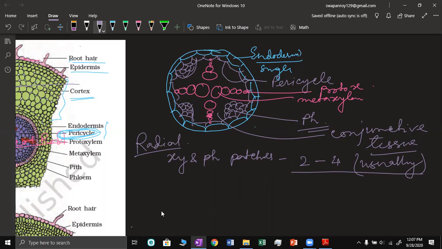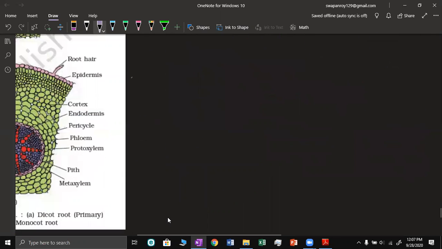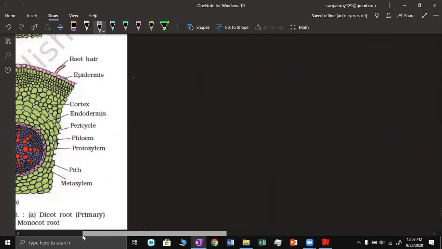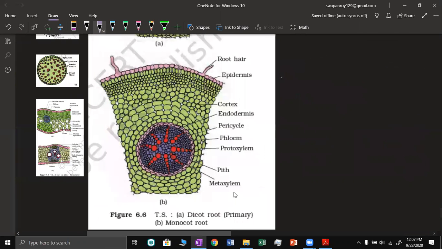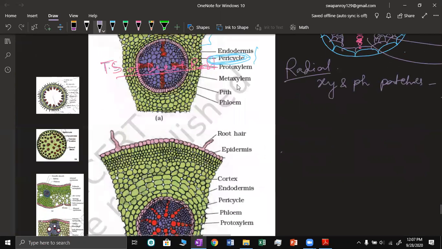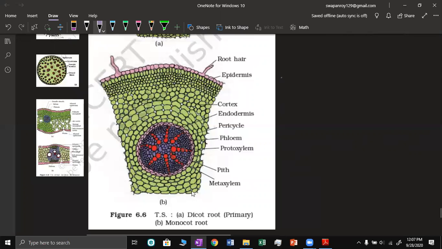In this diagram, it has been labeled wrongly. Okay, so this is the character. This one is monocot root. In monocot root and dicot root, there is not much difference. All other things, more or less, basic factors are the same.